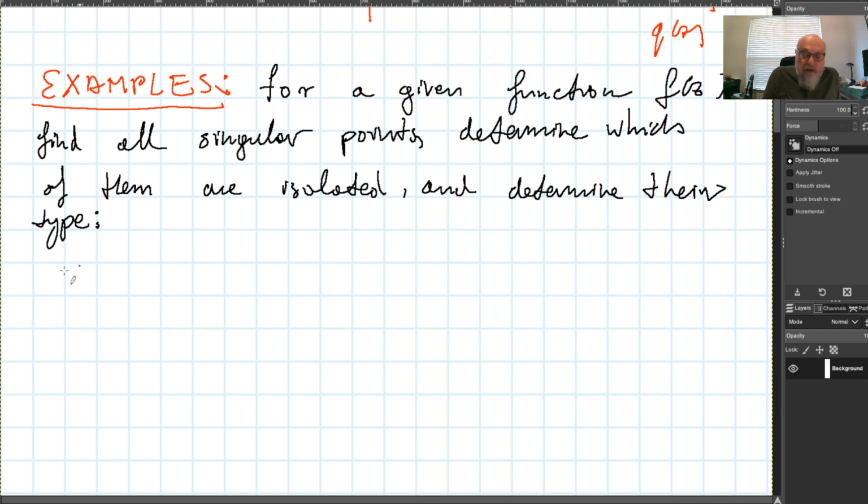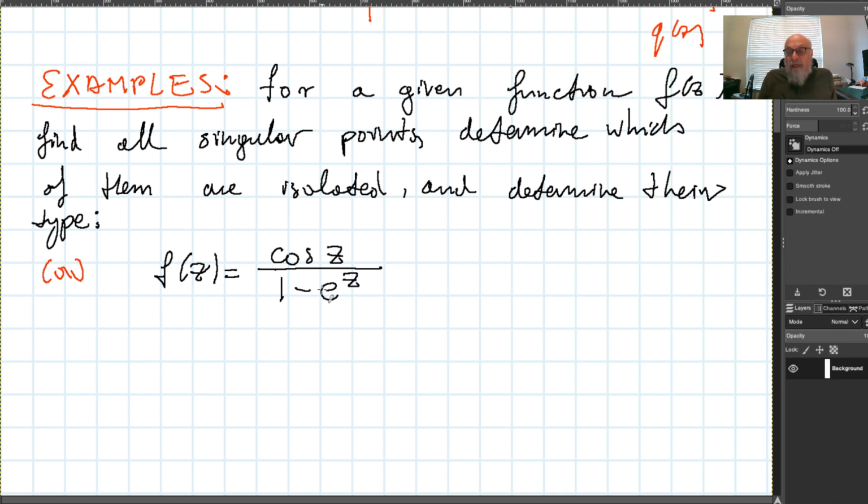So solutions. Start with A. Our A will be, for example, the function which was mentioned above: f of z is equal to cosine of z over 1 minus e to the power z. Notice that here the function p of z is equal to cosine of z, and the function q of z is equal to 1 minus e to the z.